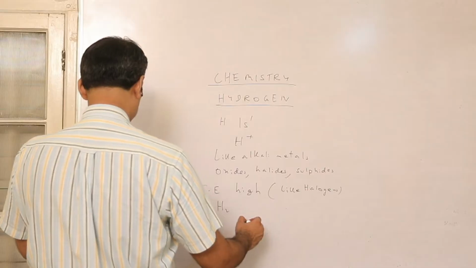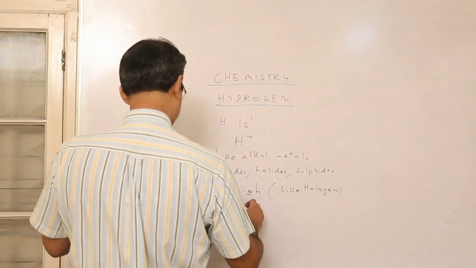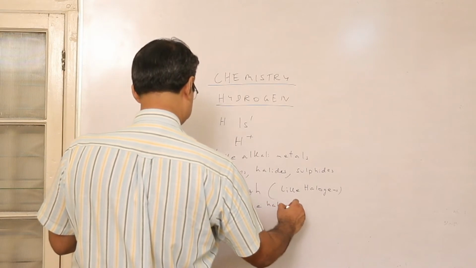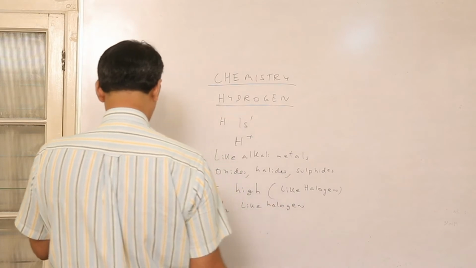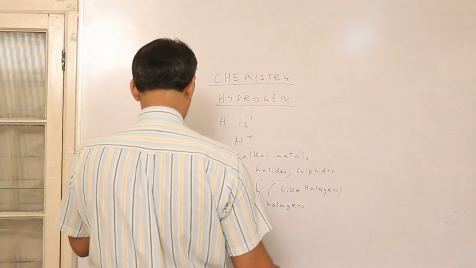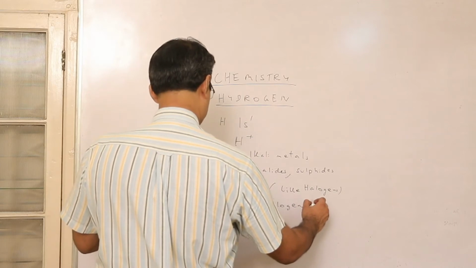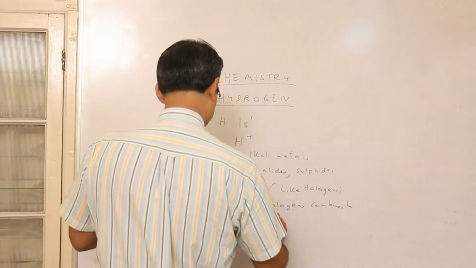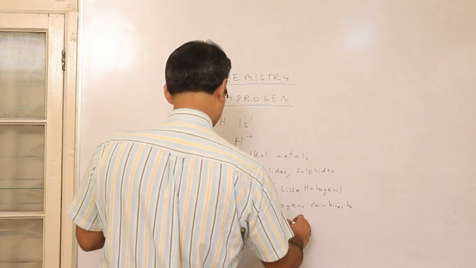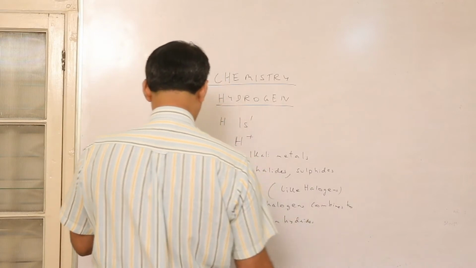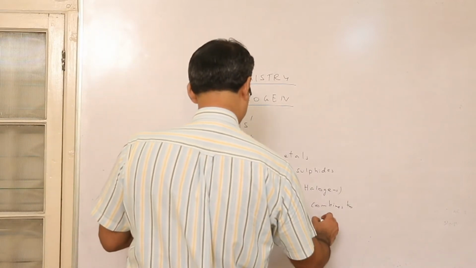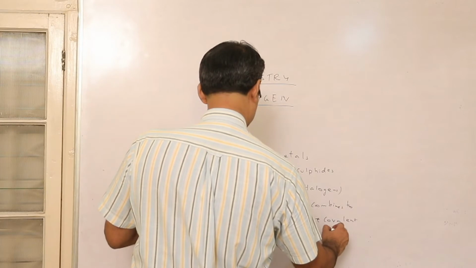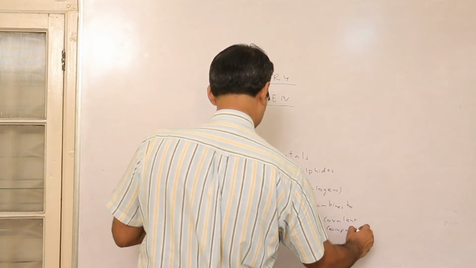So like halogens, it can combine with elements to form hydrides and a large number of covalent compounds.